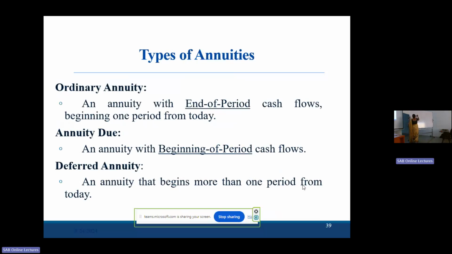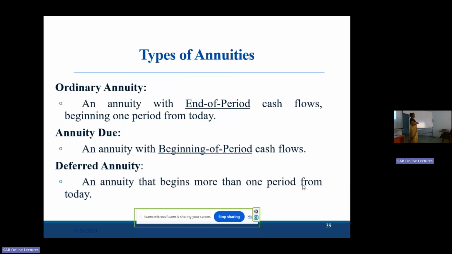At the end of year 1 you will get 1000, end of year 2 you will get 1000, end of year 3 also you get 1000. So this is the annuity. Here cash flows occur at the end of the period, so we call this an ordinary annuity. This is the default case.